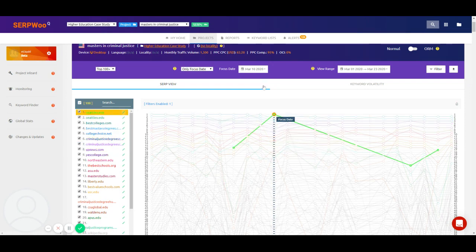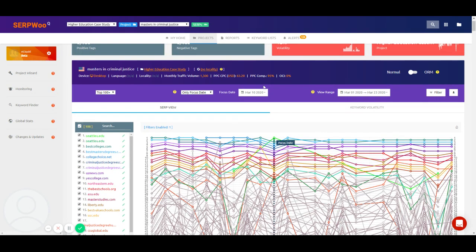But that's the important thing. The important thing is trying to find people who used to rank and they no longer rank. And the only way you can find out this information is to set up a project in SERPWoo, set up keywords, and keep these projects and keywords going over time so that you can go backwards in time with focus date.